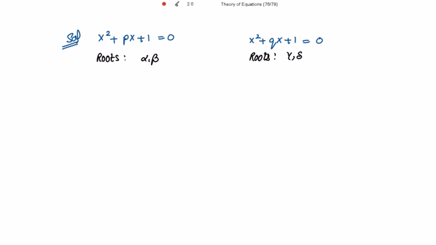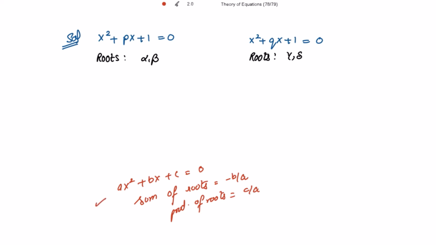equation, x squared plus bx plus 1 equal to 0. We know that for the quadratic equation ax squared plus bx plus c equal to 0, the sum of the roots is negative b over a, and the product of the roots is c over a, right?